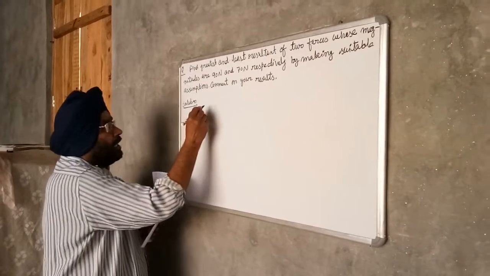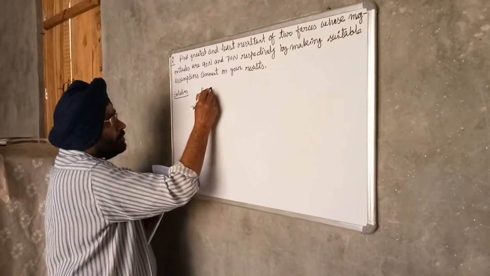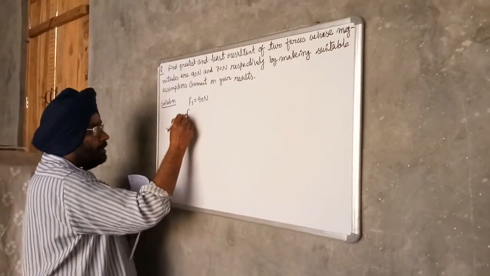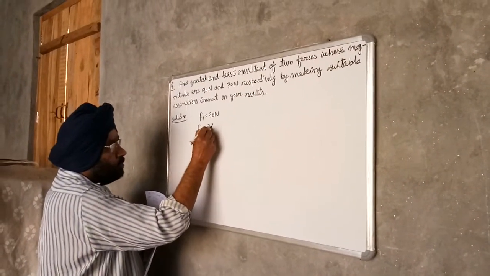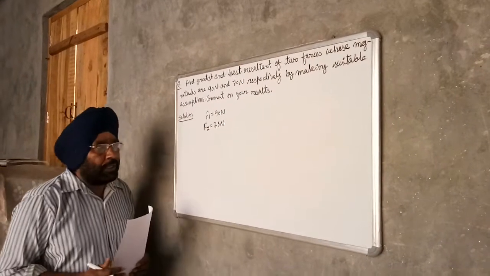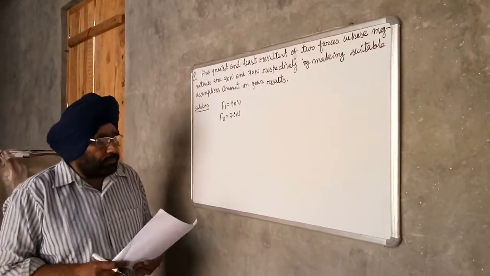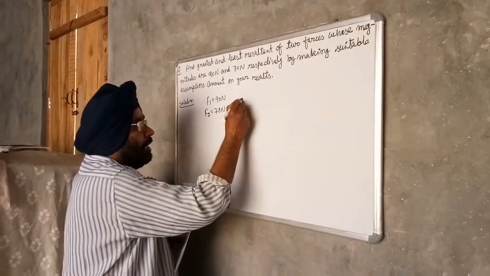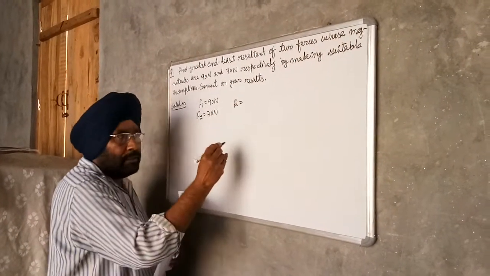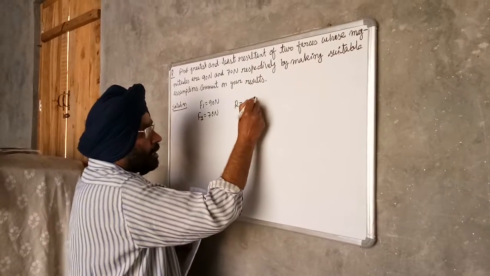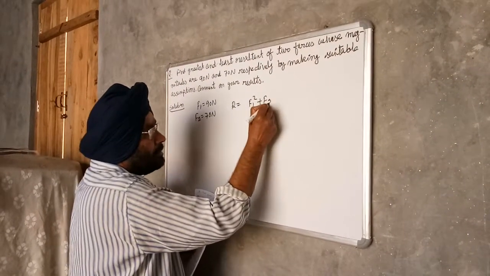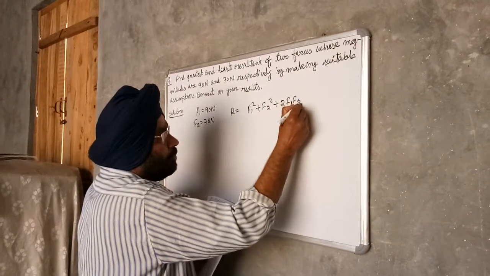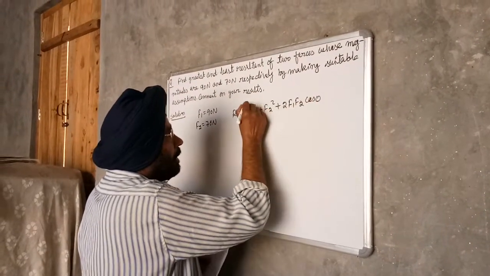The two forces are F1, which is equal to 90 Newton, and the second force F2, its magnitude is 70 Newton. So the resultant by the parallelogram law of forces, R, is the resultant of the two forces and its magnitude is the square root of F1 square plus F2 square plus 2 F1 F2 cos theta.